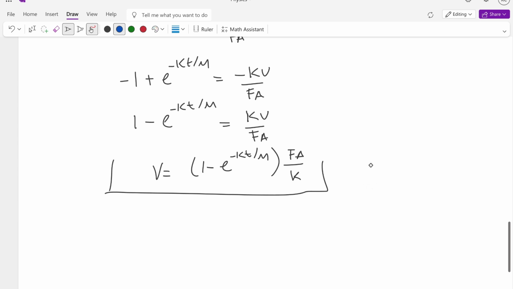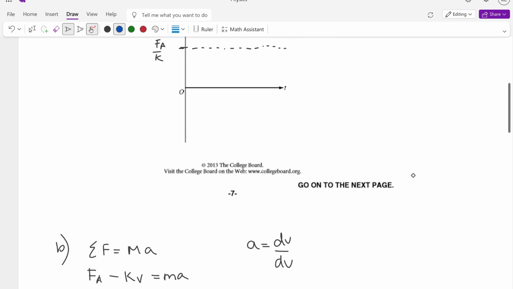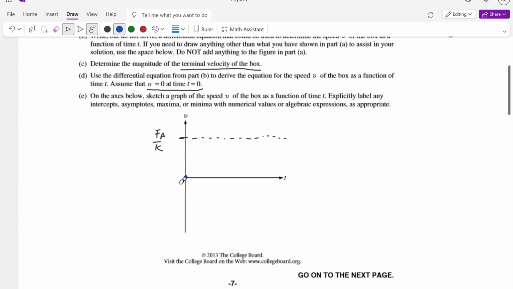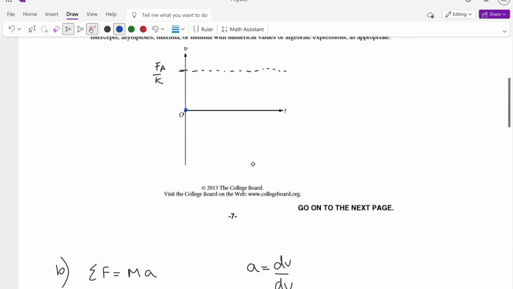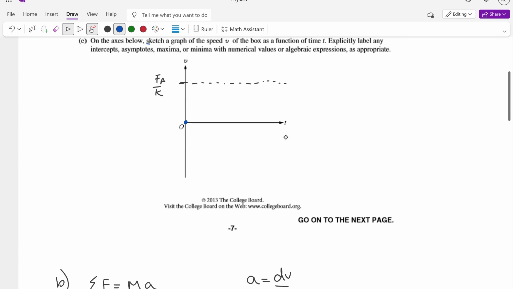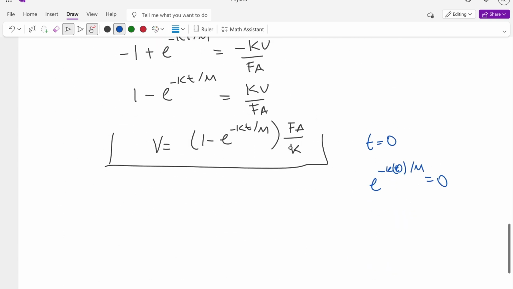We know that at t equals 0, we have e to the negative kt over m, but if t is 0 divided by m, that's just 0. So at time equals 0, we're going to be right here, which also makes sense because our velocity is also 0. And from there, as you approach infinity, we're going to get f a over k. This is our terminal velocity.